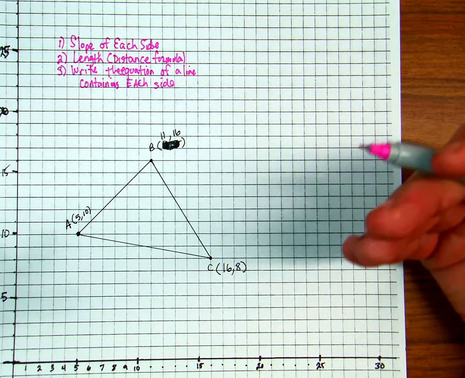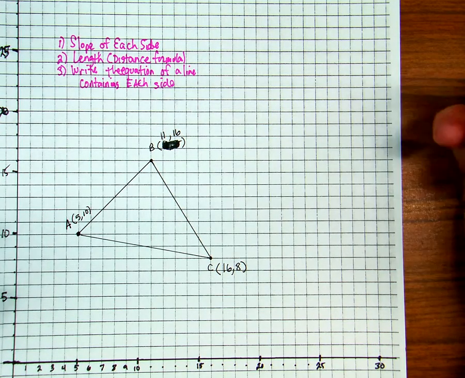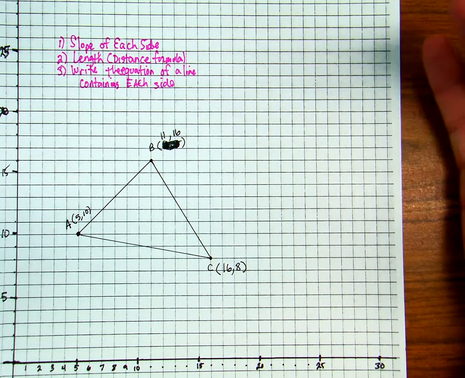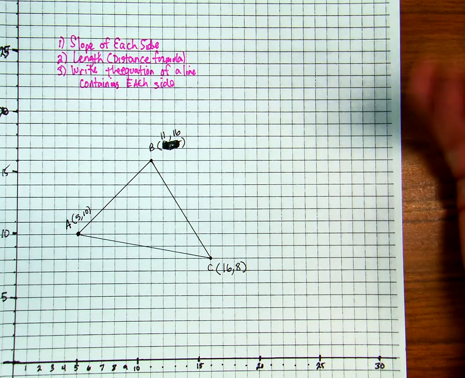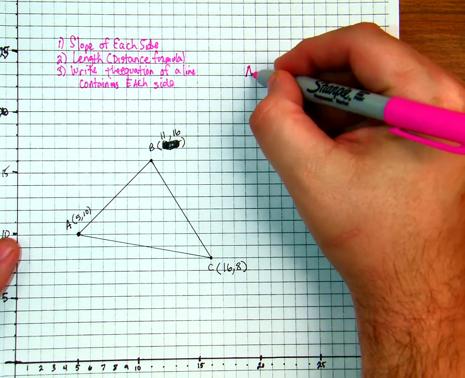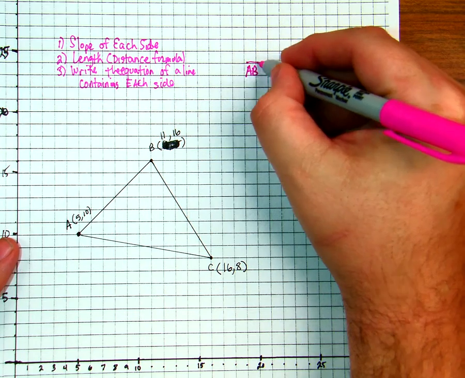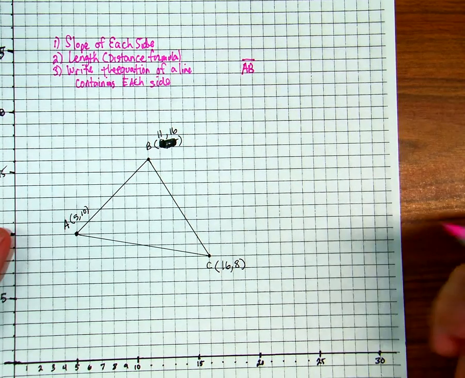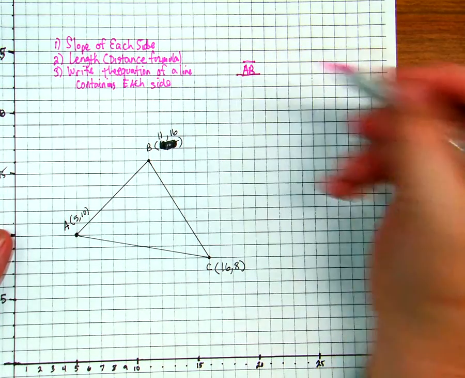And you're saying to yourself, oh my God, I have to do this 3 times? Yeah, you kind of have to do. I'm going to look at side AB and go from there.